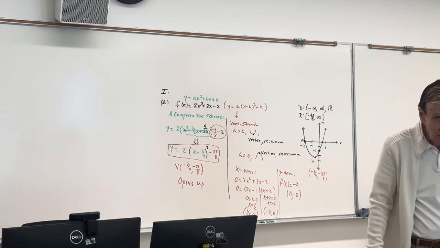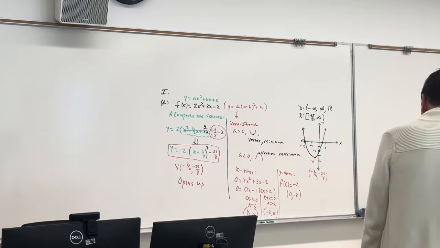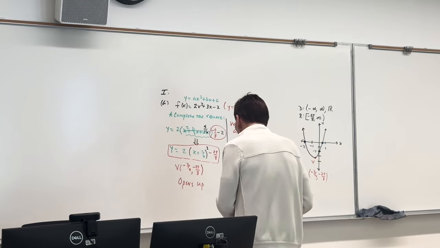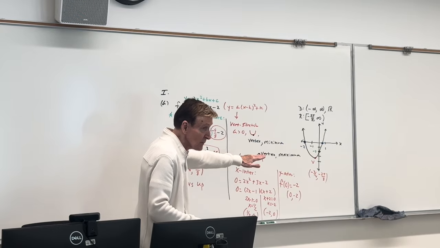Is there anything else I should ask if you have the graph in front of you? Looks nice. It required completing the square. My concern is, I'm scared, when I start scoring papers on Friday, that if you mess up here, then everything can be messed up.